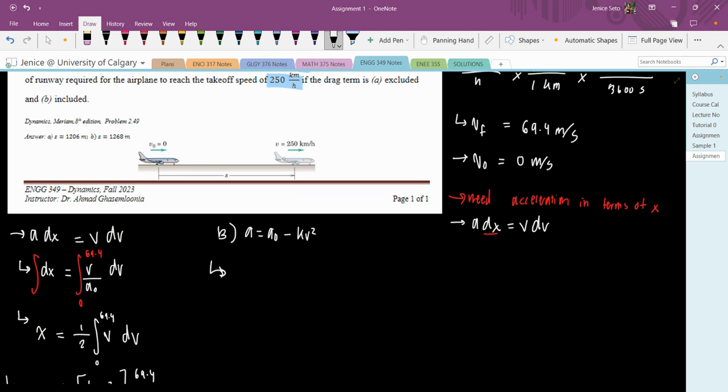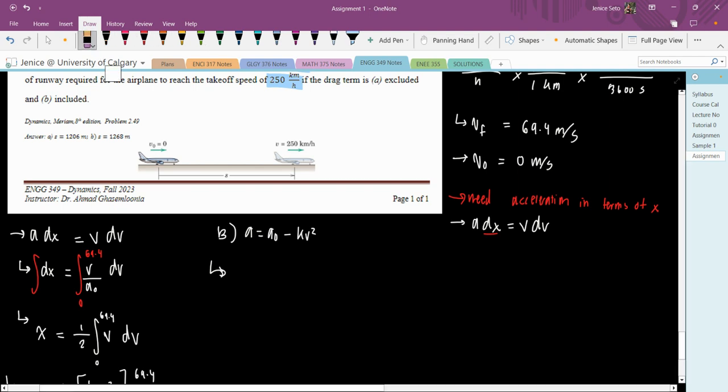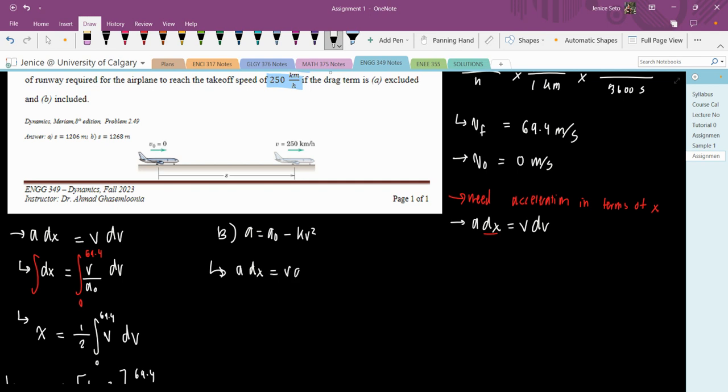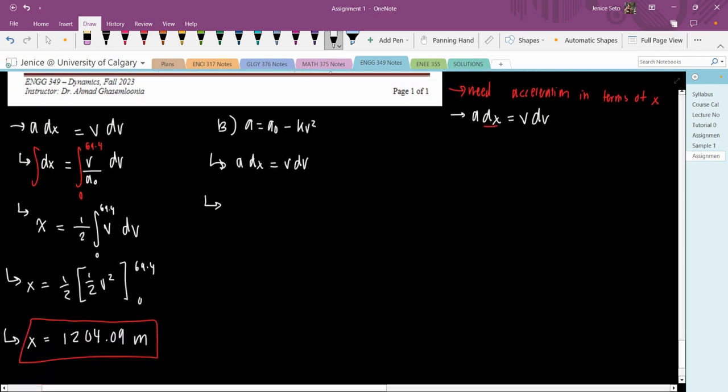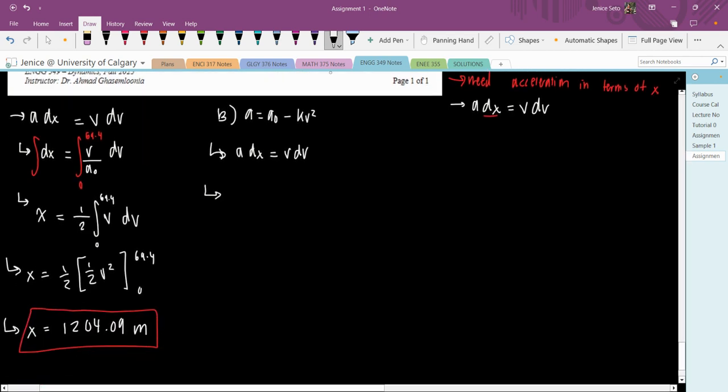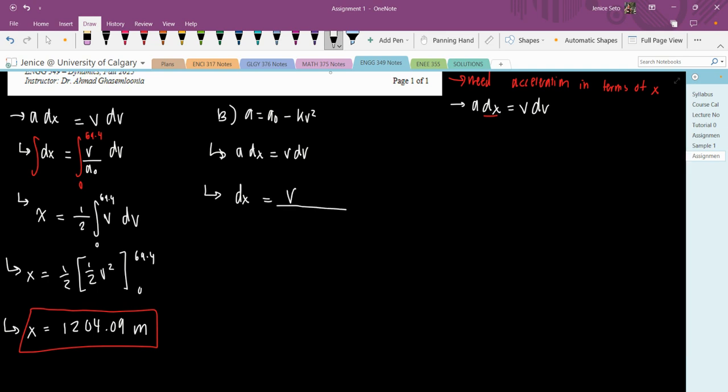So we're going to use a dx equals v dv. From this, we're going to move our a over to the other side. This is v dv over a, and our a was equal to a naught minus kv squared.